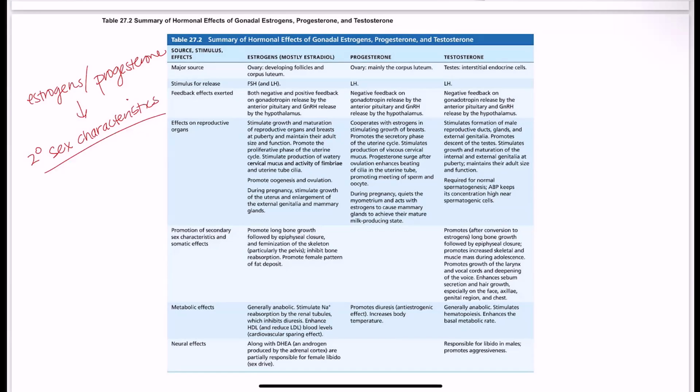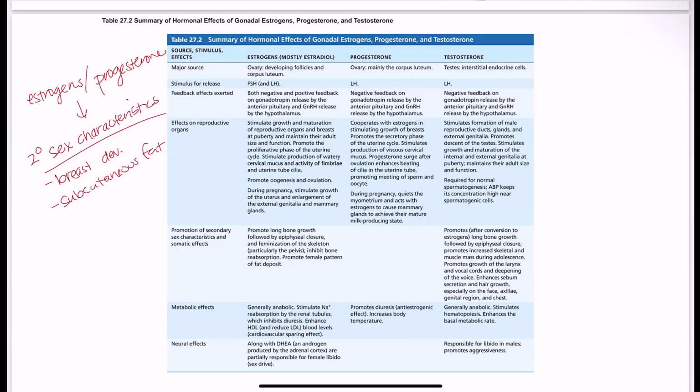This includes things like breast development. That includes things like subcutaneous fat, which doesn't really seem like a secondary sex characteristic, except that it's mostly on the hips and the breasts.